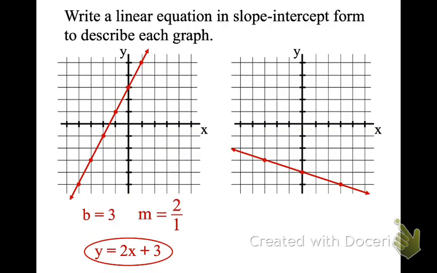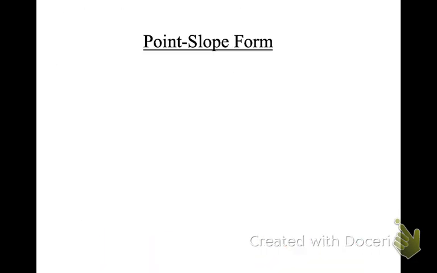So, we're going to use one of my favorite formulas. It's called point slope. It's one of the most underused formulas, but I really like it because it allows you to be a little bit robotic and get to where you need to be without having to start and stop.